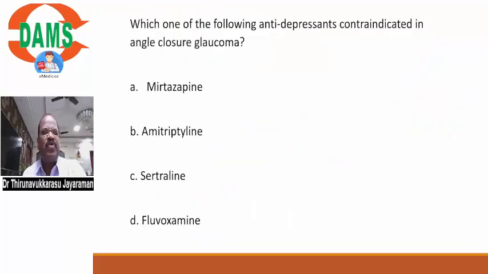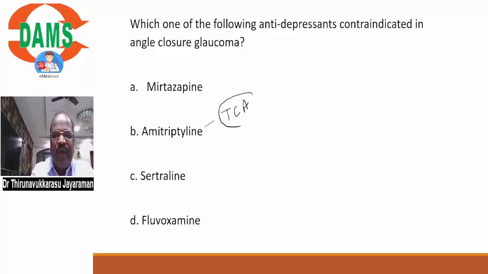Next, which one of the following antidepressants is contraindicated in angle-closure glaucoma? Mirtazapine, amitriptyline, sertraline, fluvoxamine. Among the four, remember amitriptyline, one of the tricyclic antidepressants. We know TCAs additionally have anticholinergic action.